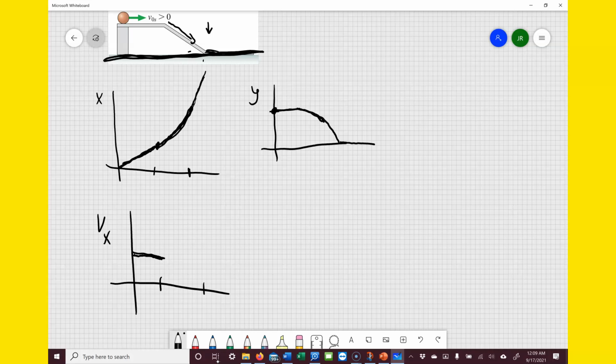Right, the derivative of a parabola is a linear situation. And then here, it's again a constant slope, so it's a constant velocity, but it's a higher constant velocity than it was at the beginning.